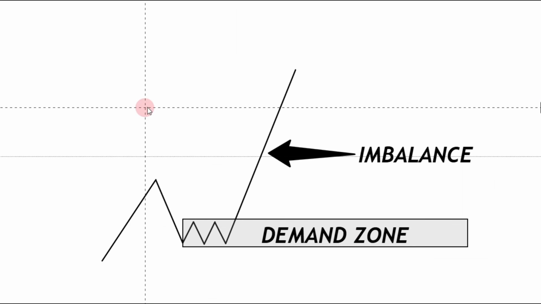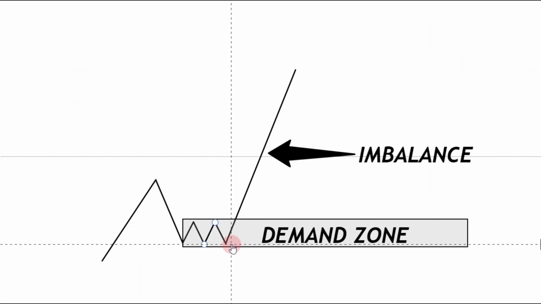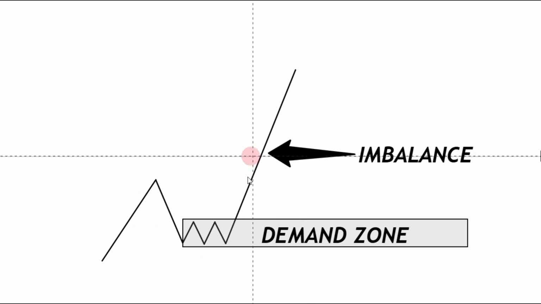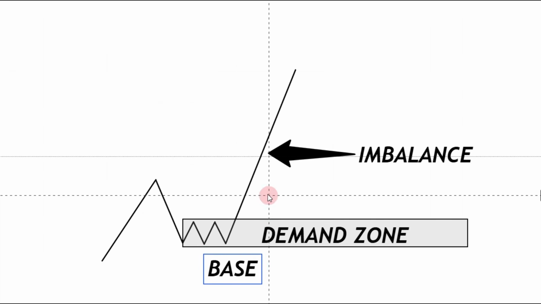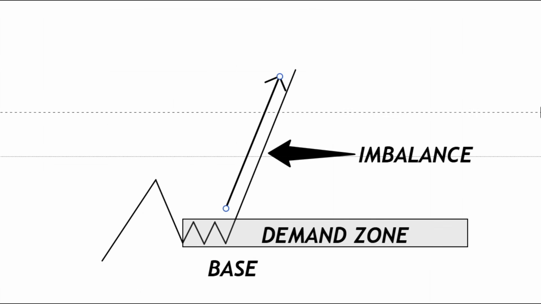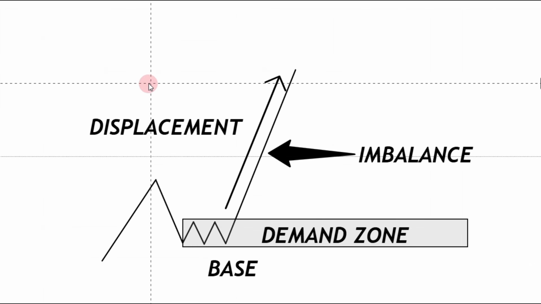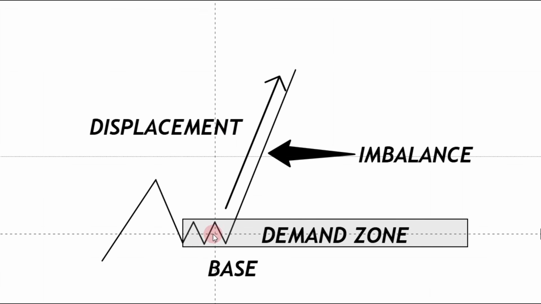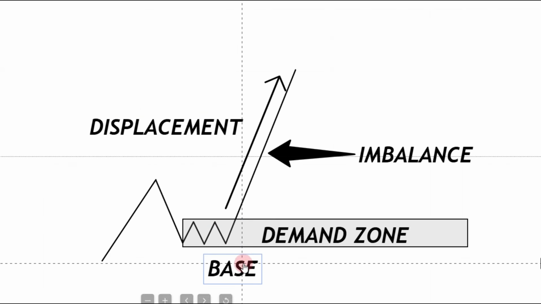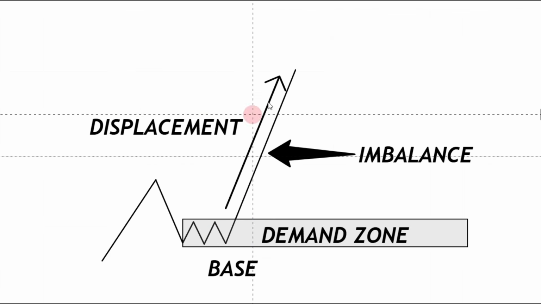The simplest way I can define a demand zone is you look at the consolidation here and the displacement. Let me call this the base, and this one, the displacement. When you're looking for a demand zone, you look at the consolidation, the base that caused the displacement.